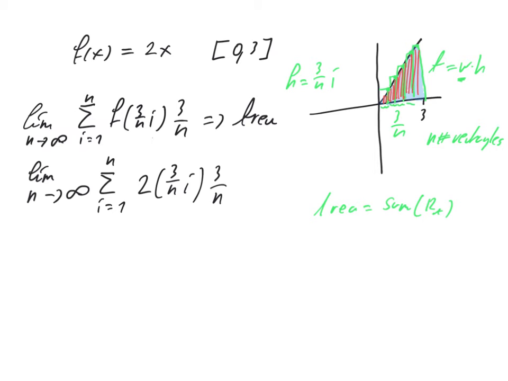Okay, so this is our first step, but we can simplify this a bit more by just multiplying this term out. Because we have 2 times 3 over n, or 3 over n times 3 over n, we get 3 over n squared times 2i.